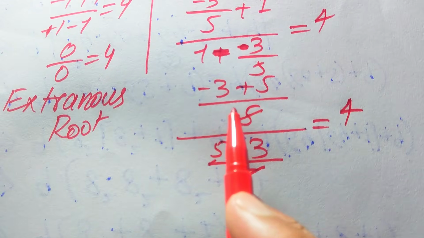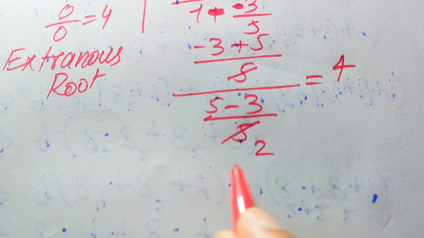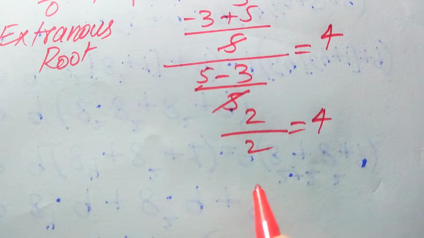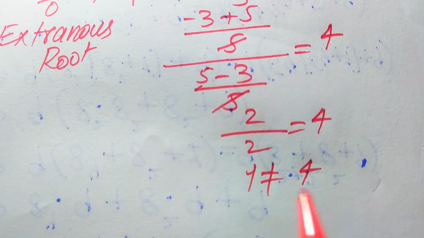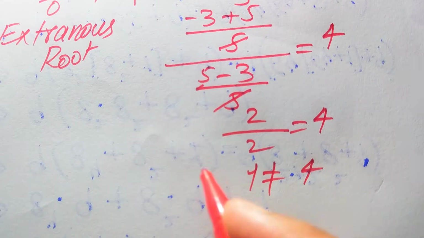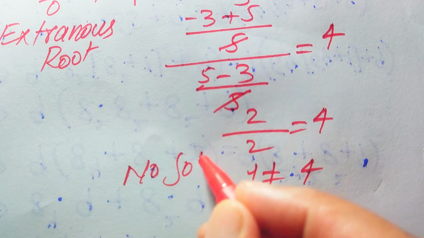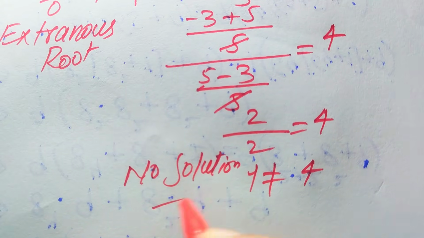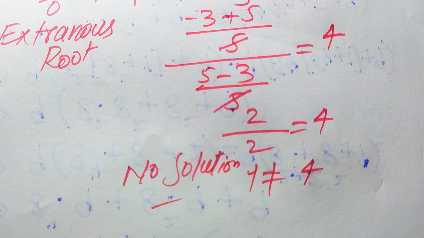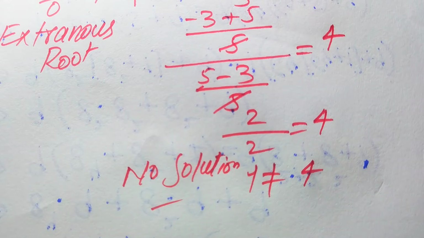The 5s cancel, and minus 3 plus 5 becomes 2 over 2 equals 4, and we get 1 equals 4. These two values are not equal, so finally we conclude that this question has no solution because both of the values do not satisfy our given question statement. So this is our final answer.